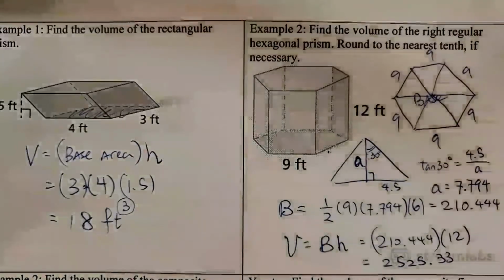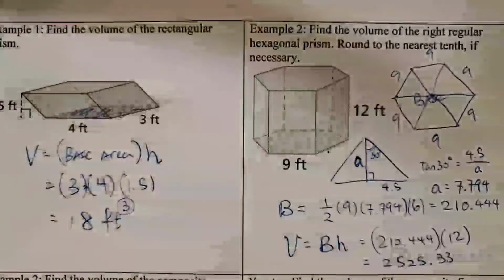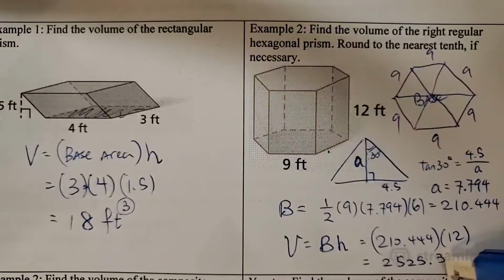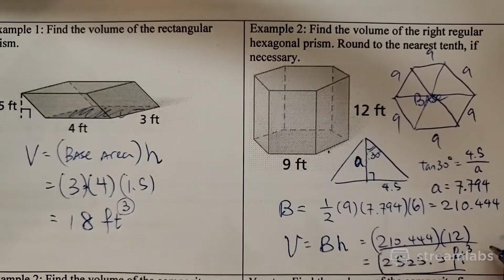So that would end up being, it's right here, point 3. Okay. Feet cube. This is feet square.